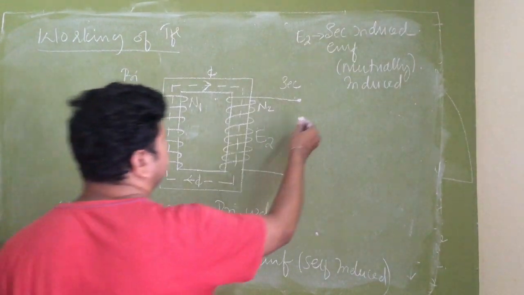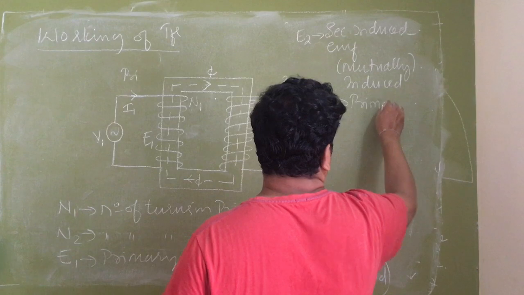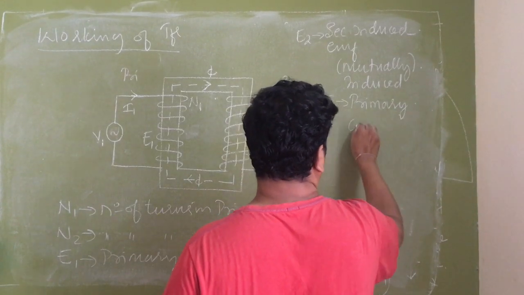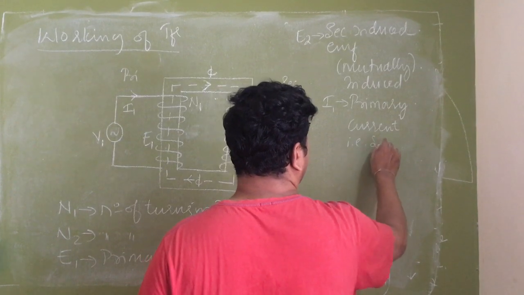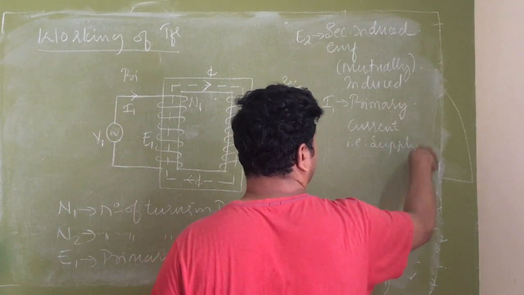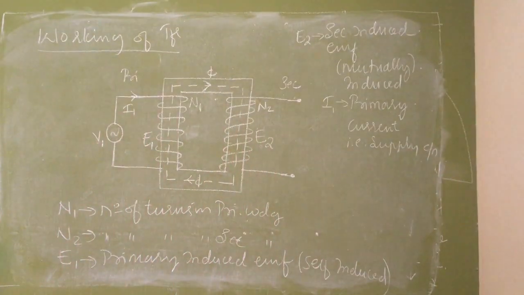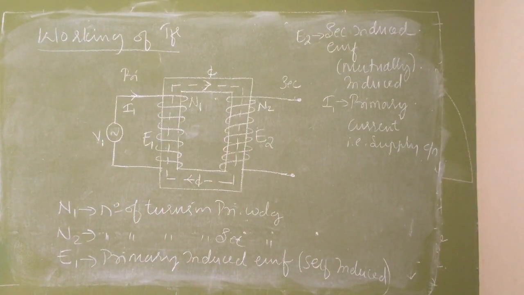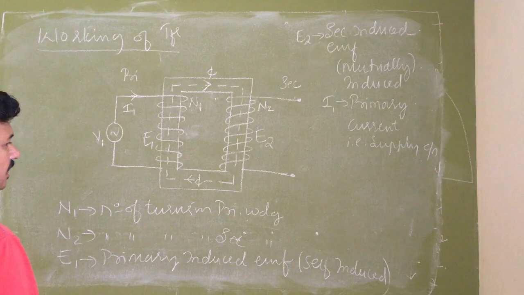Where I1 is the primary current, that is the supply current. Now, what is the magnitude of the induced EMF E1?